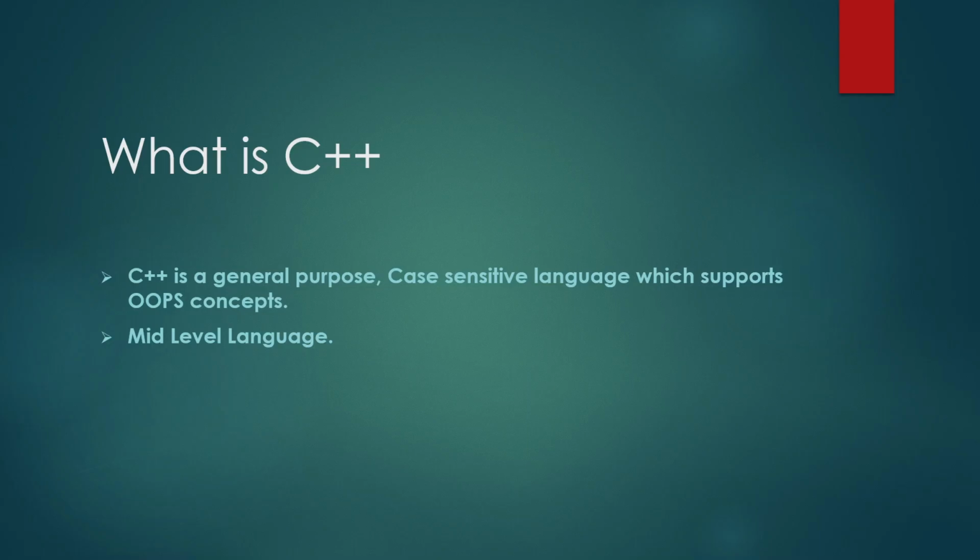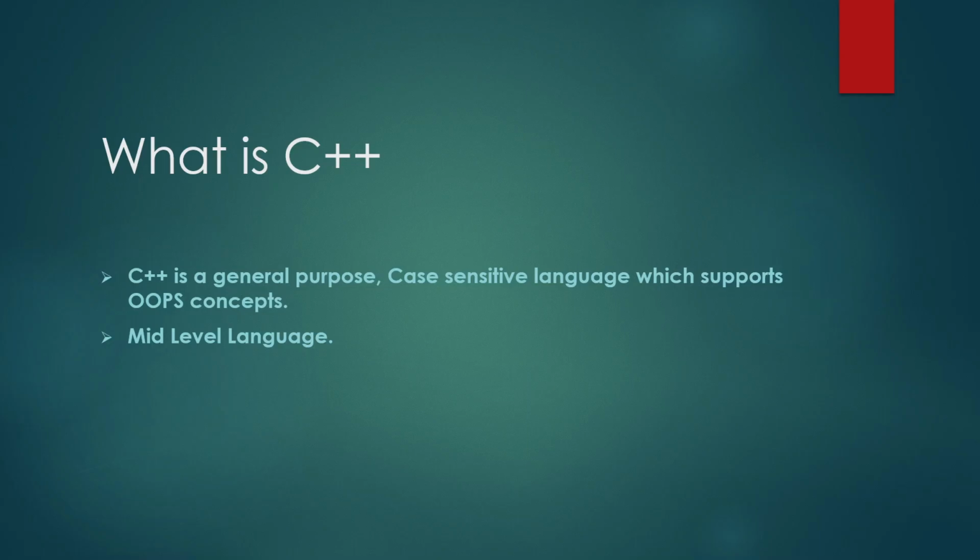C++ is a middle level language as it encapsulates both high and low level language features. C++ supports object-oriented concepts which include inheritance, polymorphism, encapsulation, and abstraction. We are going to learn about the object-oriented programming concepts later in detail. As of now just keep in mind that C++ supports the object-oriented concepts too.